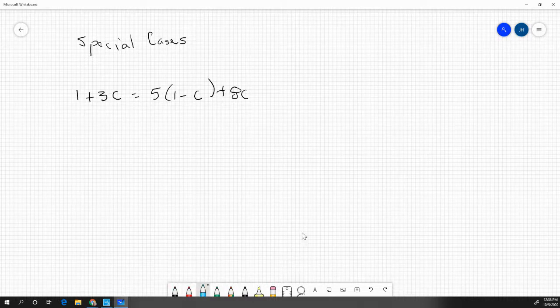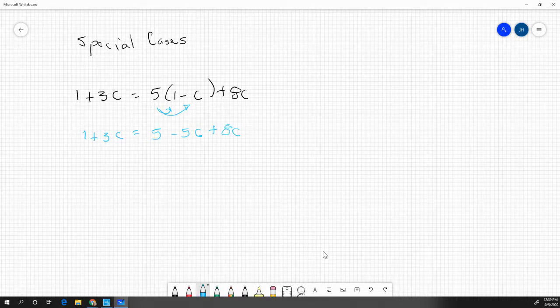I'm going to distribute, right? There's nothing to distribute here, so I'm just going to rewrite this side. 1 plus 3c equals. And I'm going to distribute the 5 in here. 5 times 1 is 5. 5 times negative c is negative 5c plus 8c.